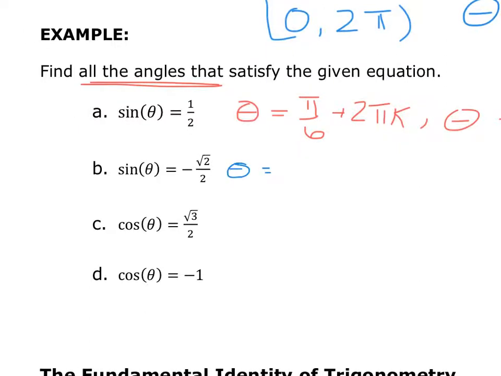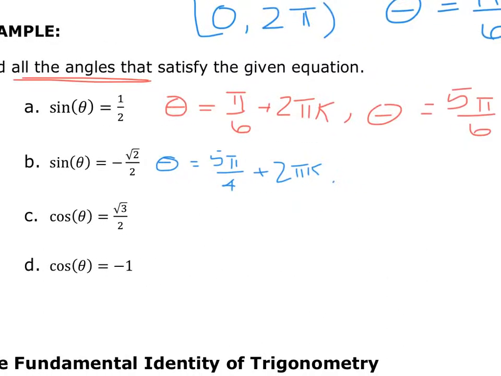My two answers are theta equals 5 pi over 4 plus 2 pi k, comma, and then you do the same thing, 7 pi over 4 plus 2 pi k. You do have to break them apart individually, and there's going to be a reason for it later when we get to solving them and we have to do some divisions and multiplications.